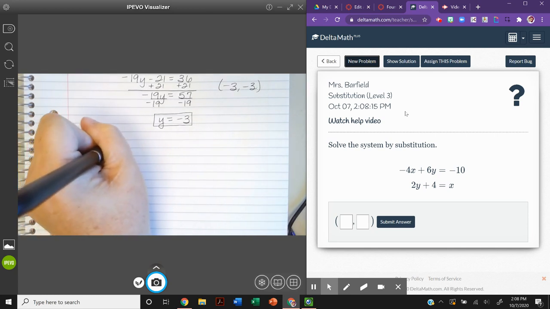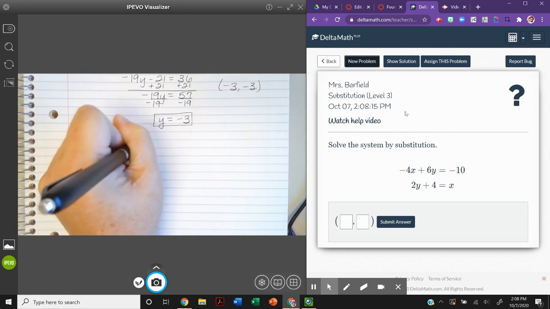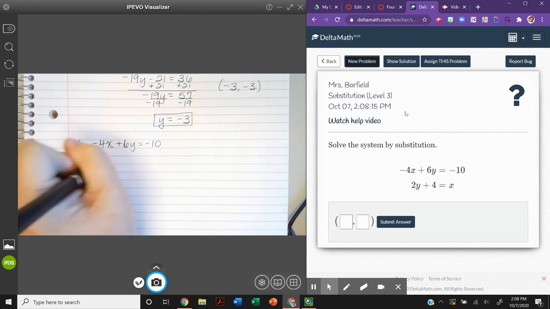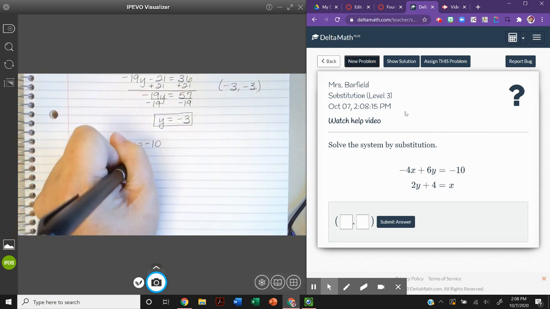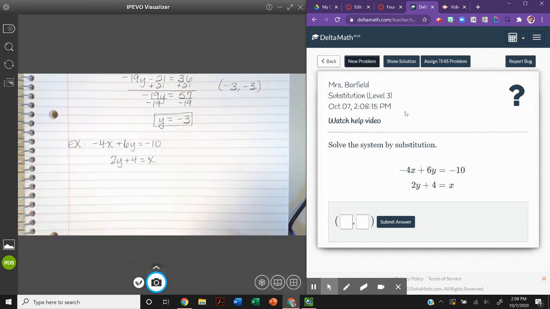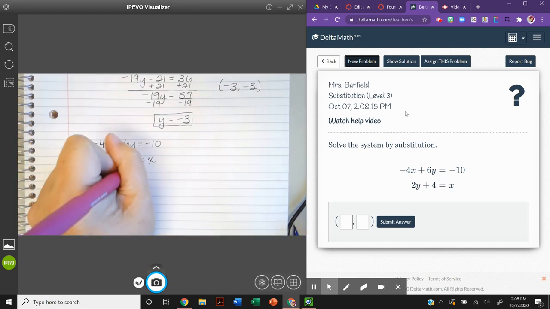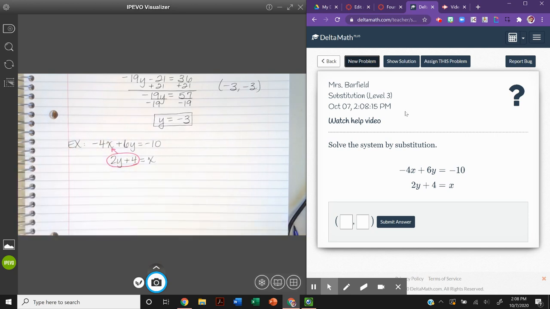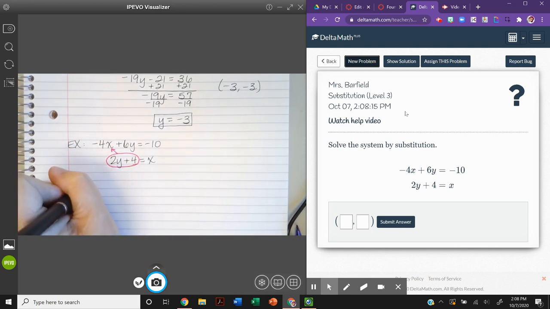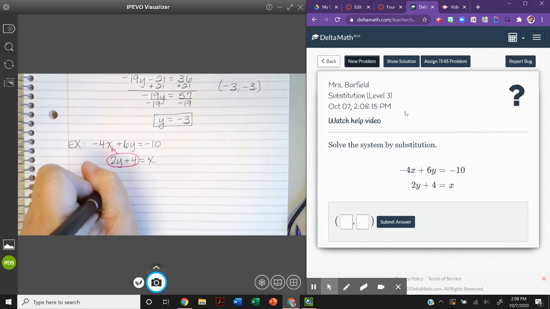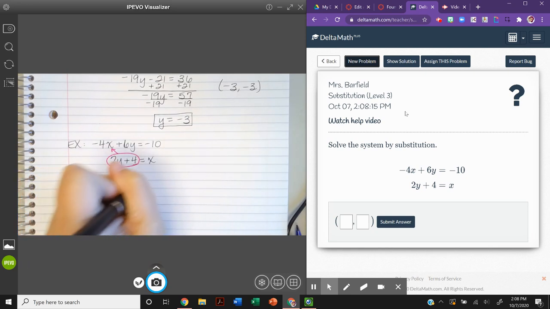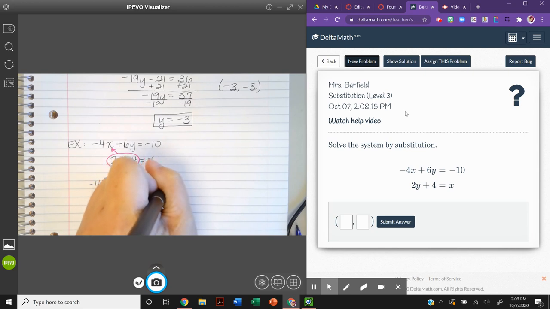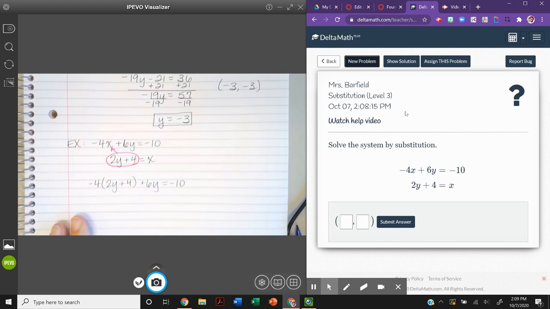So negative 4x plus 6y equals negative 10, and 2y plus 4 equals x. So this part right here, 2y plus 4, is what I'm going to be plugging in. So my new equation is negative 4 times 2y plus 4 plus 6y equals negative 10.